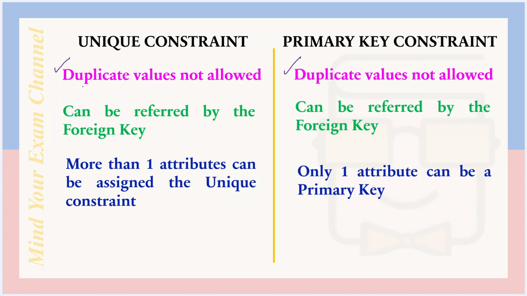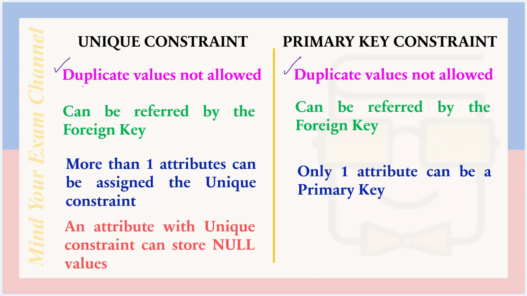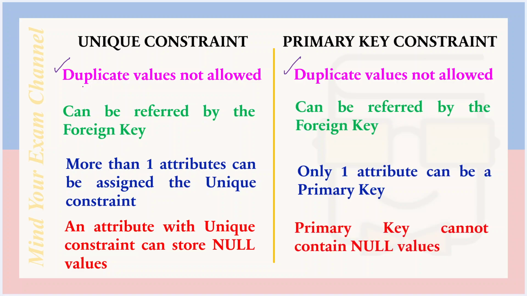So any table in a relational database can have only one primary key, but it can have one or more attributes that have a unique constraint applied on them. The second difference is that an attribute that has a unique constraint applied on it can contain null values, but a primary key cannot contain null values. So these are the similarities and differences between the unique constraint and the primary key constraint.